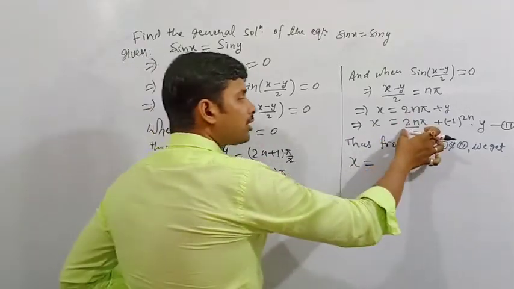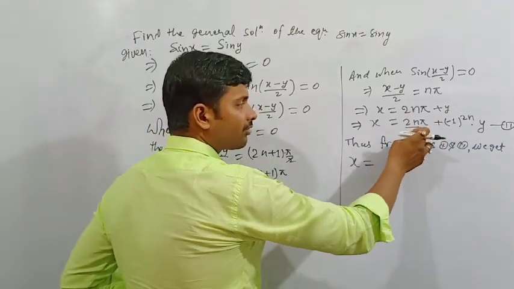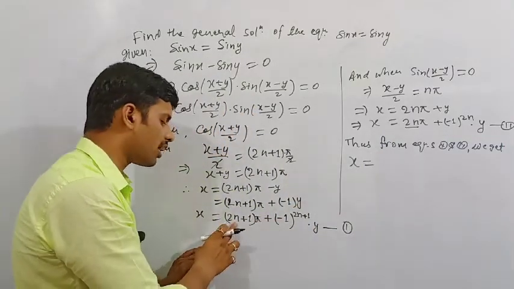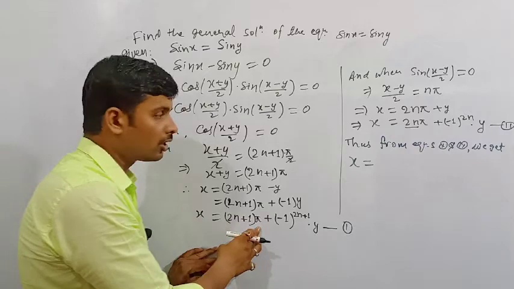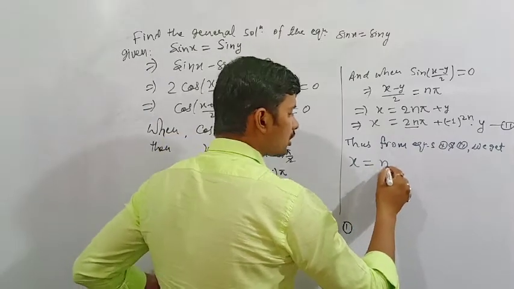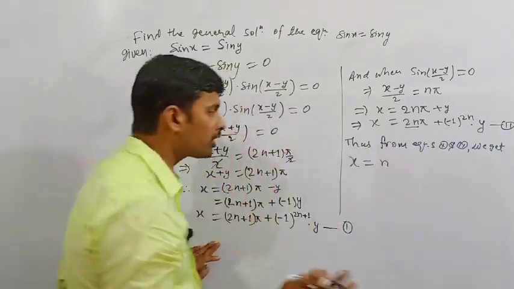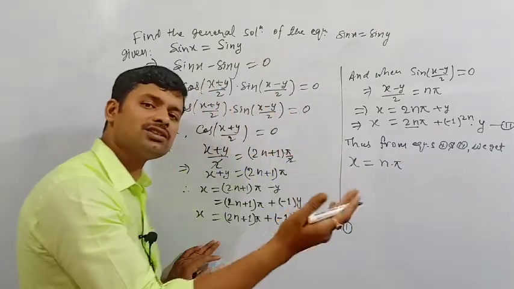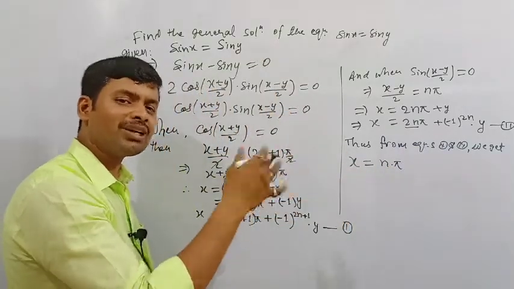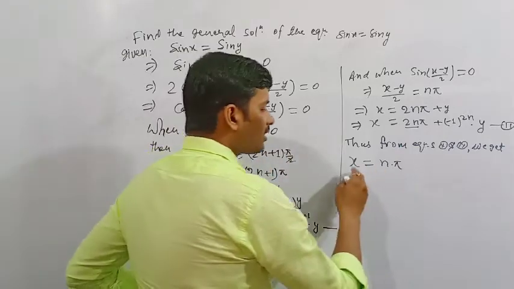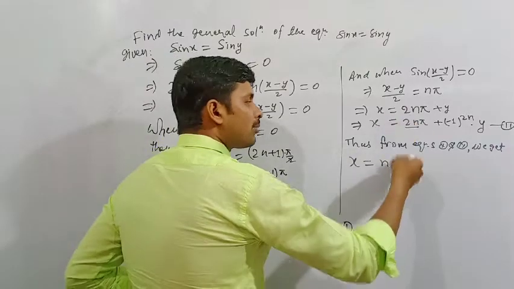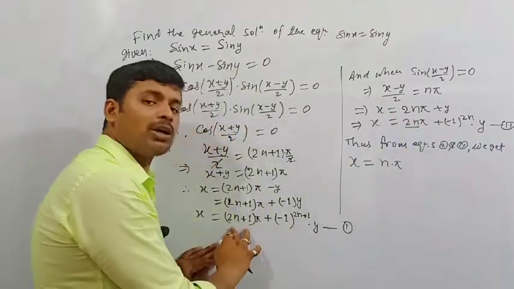So the first part of the second equation says even multiple of pi, and the first part of the first equation says odd multiple of pi, correct? So we have to take odd and even both at a time. So right here n pi, where n is any integer, either even or odd. So x is equal to n pi means integral multiple of pi. It may be an even number, it may be an odd number.